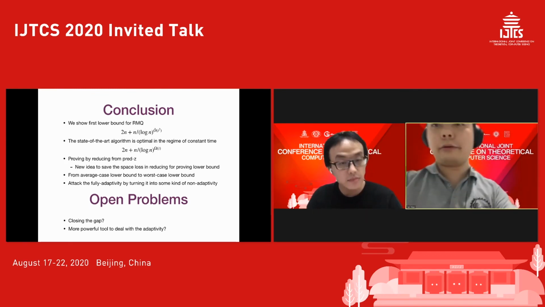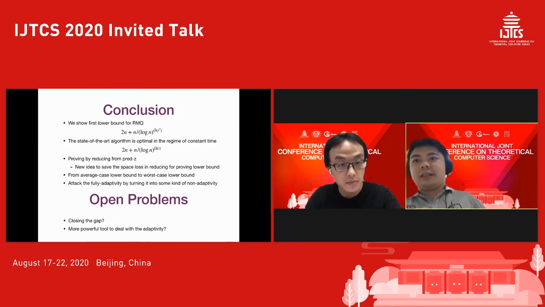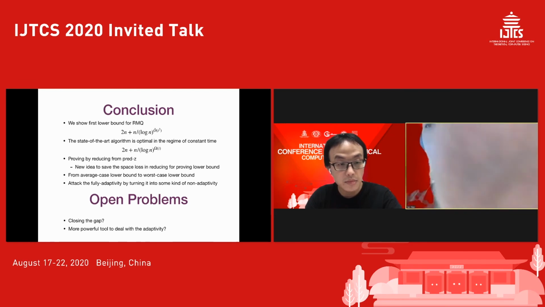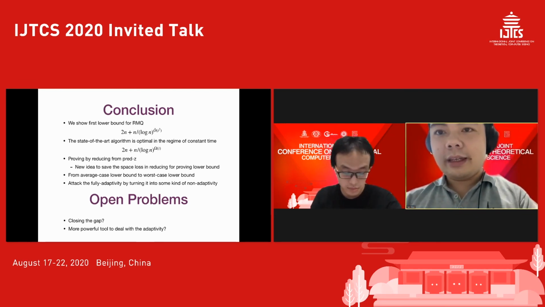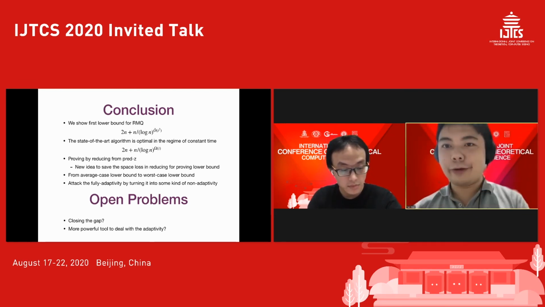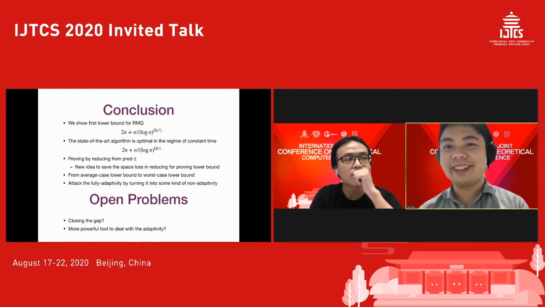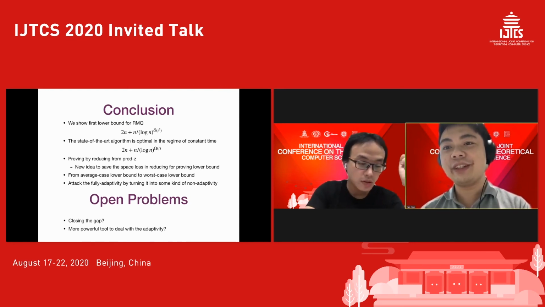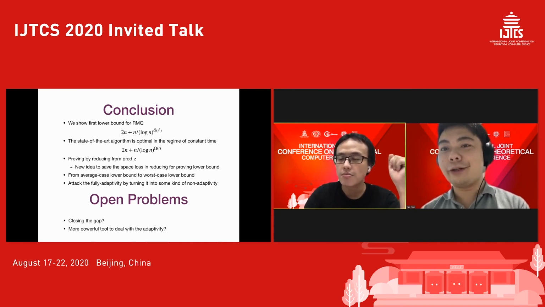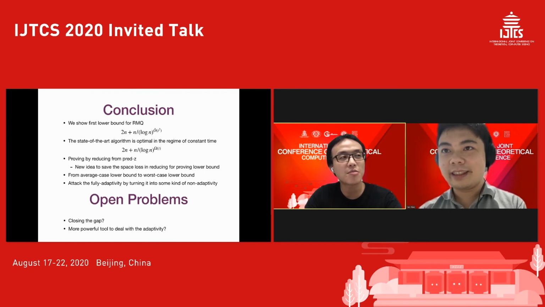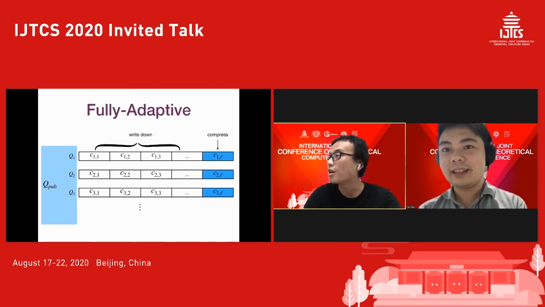So the question is, you mentioned that the lower bound is not tight. Do you have any idea or initial intuition for showing a tight lower bound? From my understanding, the main barrier here is full adaptivity.